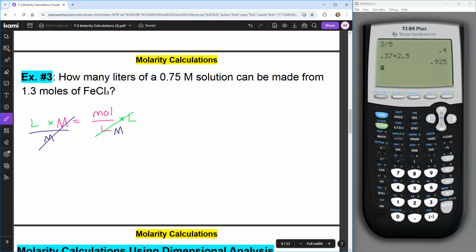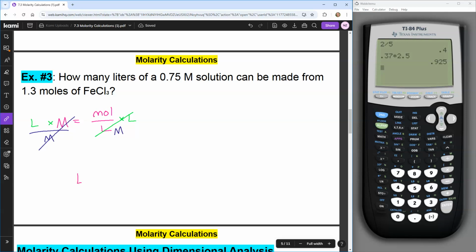So a really quick way to do the algebra here is just to trade places. So if you do have to find liters, the molarity and liters can just trade places. Or if you want to go through and do 2 algebraic steps, you'll get the same answer. But an easy way to remember is just swap molarity and liters.